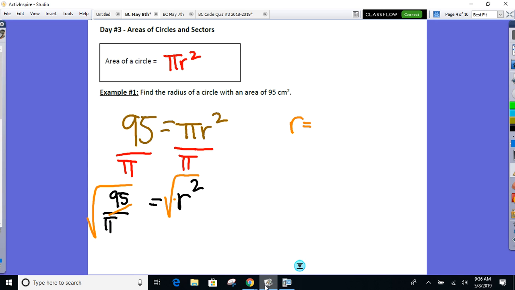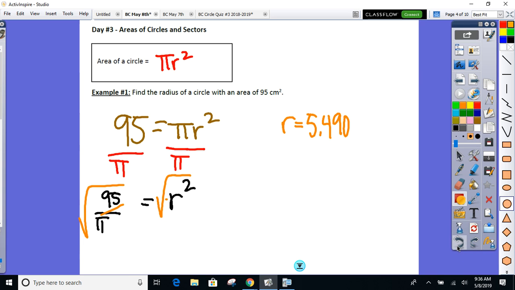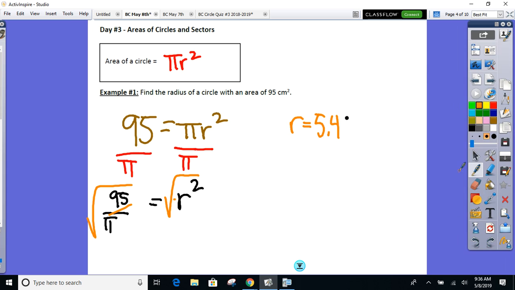All right, we're good. And like I've been talking to you all unit, make sure we put our own units on it, centimeters.